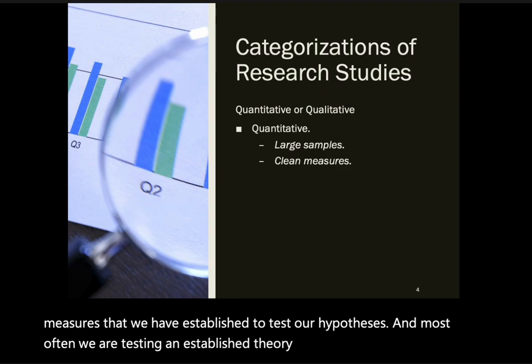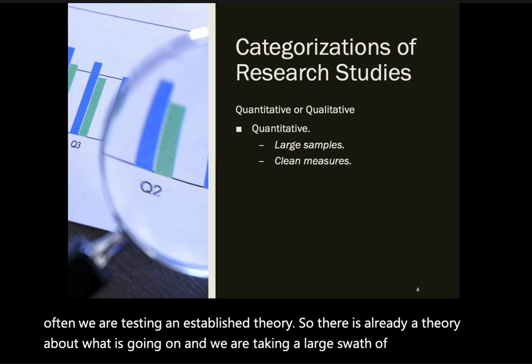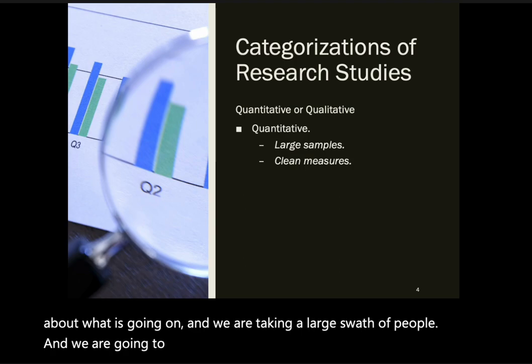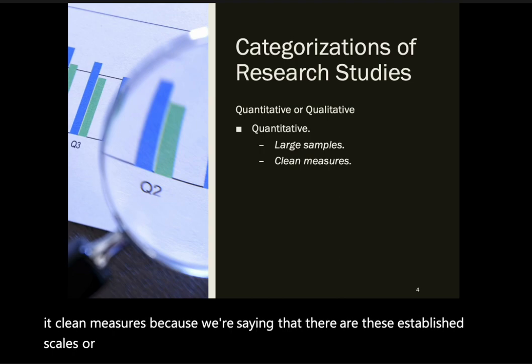So there is already a theory about what is going on, and we are taking a large swath of people and we are going to test that hypothesis in this large sample. And we call it clean measures because we're saying that there are these established scales or assessments that we are going to use to test that hypothesis.